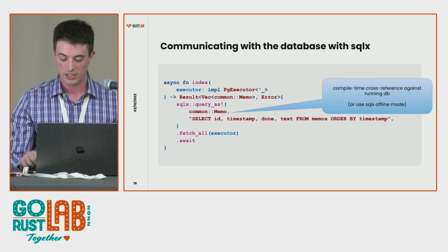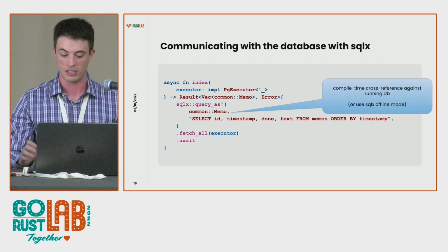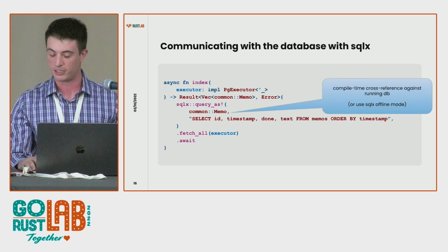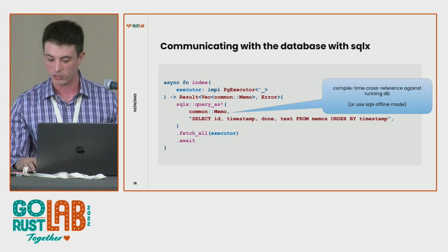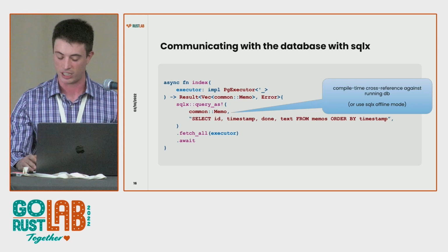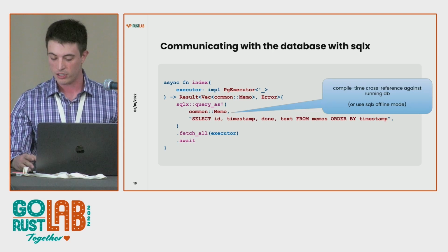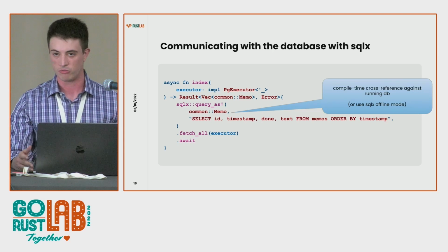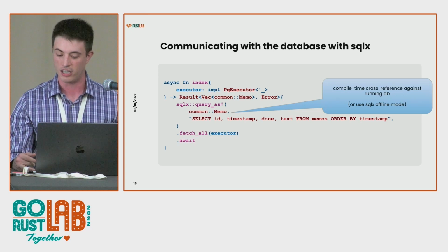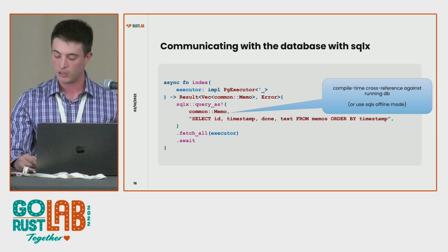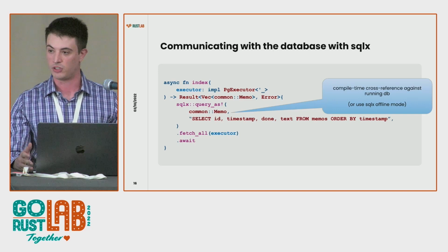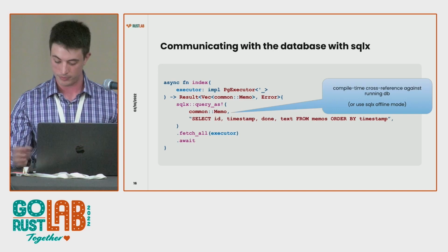So to do this, SQLX actually needs a live connection to the database to poll the database to check if the type is compatible. Later on, I'll show how to disable, well, not really disable, but override this check using the offline mode. But anyway, the advantage is that we know at compile time if the query produces the right type.